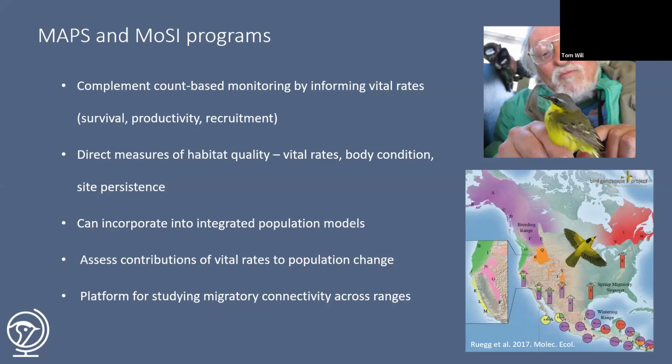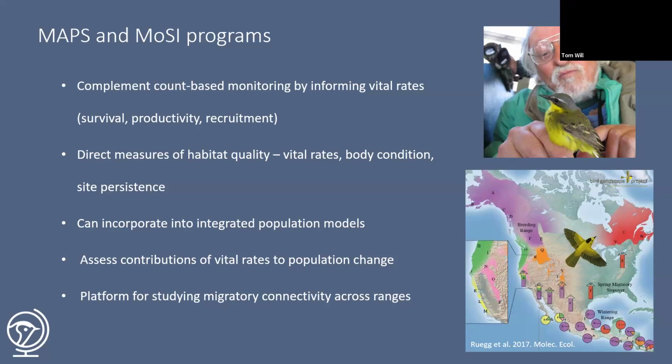When Dave came up with the idea to start these programs, the idea was to complement things like the Breeding Bird Survey. eBird wasn't around, of course, when MAPS was started, but that fits into this too. Having vital rate information to plug into models that can also incorporate abundance data.